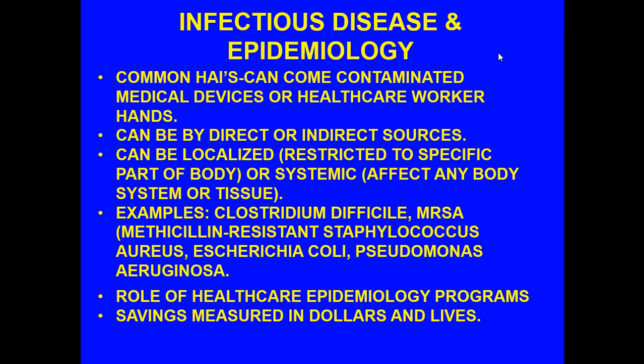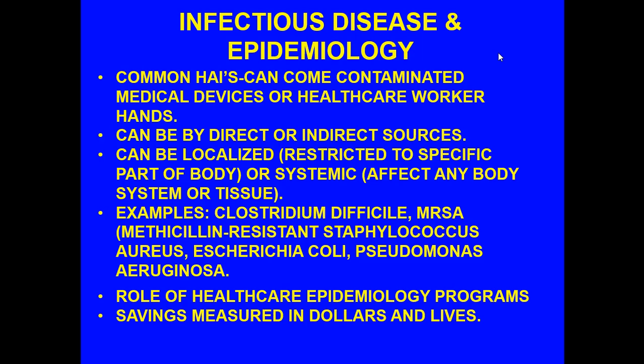For example, we have such pathogens as Clostridium difficile, terrible, C. diff, as some healthcare workers have told me, and it's a mess to treat. We have MRSA, now methicillin-resistant Staphylococcus aureus. This is basically an antibiotic-resistant form of Staph aureus. Very difficult to treat.